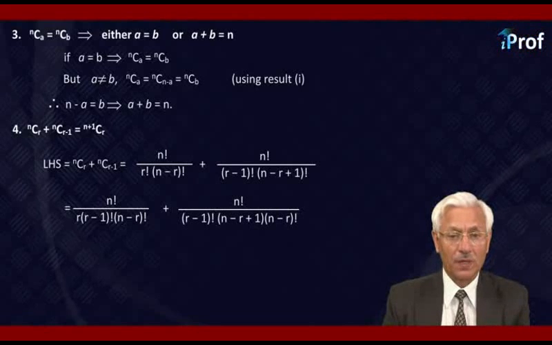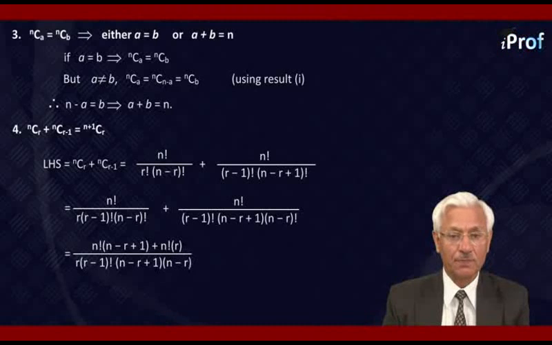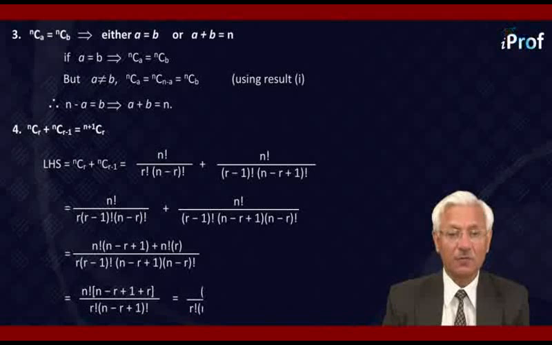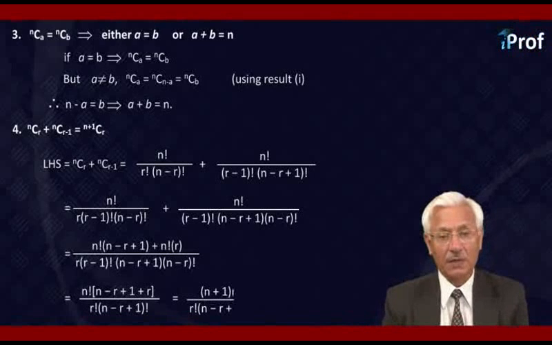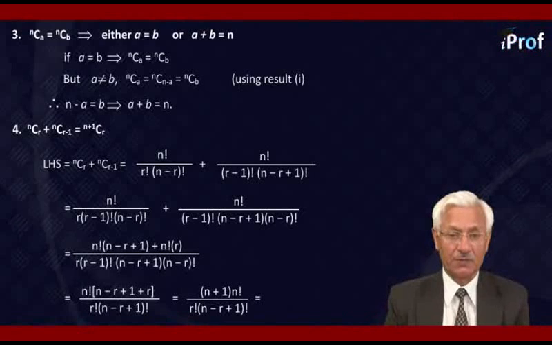Taking LCM, we get r into r minus 1 factorial into n minus r plus 1 into n minus r factorial, and in the numerator we get n factorial into n minus r plus 1 plus n factorial into r. Pulling out n factorial common in the numerator, we get n factorial times n minus r plus 1 plus r, divided by r into r minus 1 factorial, which can be replaced by r factorial, and n minus r plus 1 into n minus r factorial, which can be replaced by n minus r plus 1 factorial.